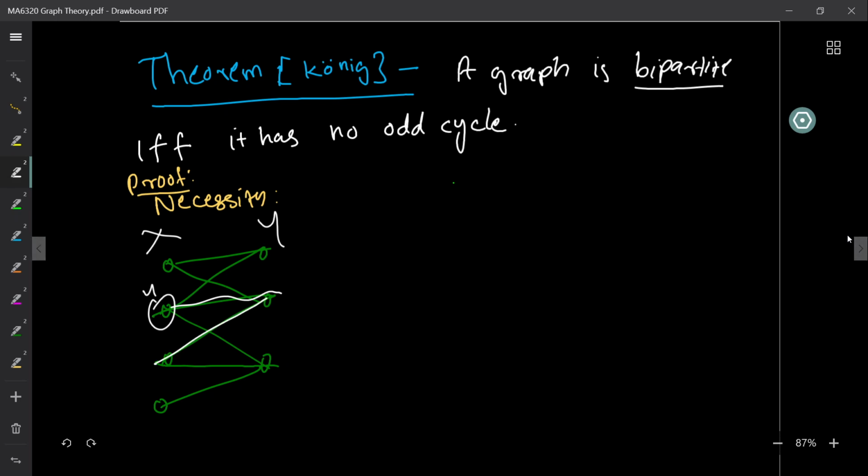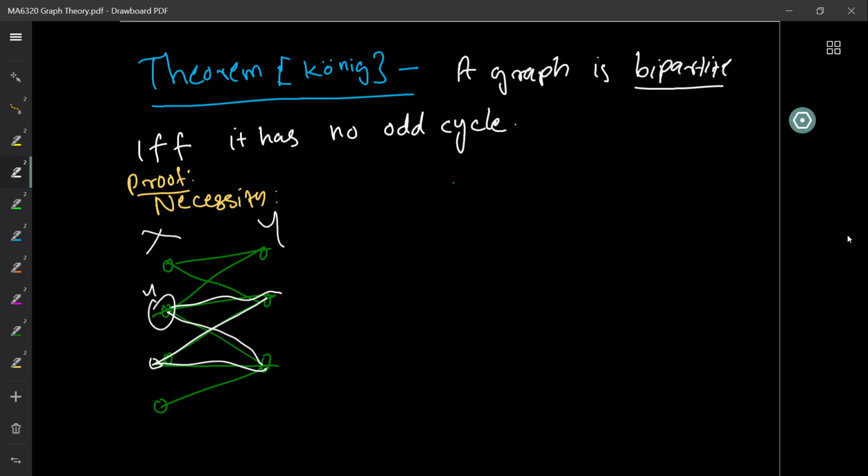Every time I start from some vertex in X and come back to X, I take a jump to the side Y and then take another jump to the side X. So I use two edges to come back to X, and then again, if it is not the vertex u, because we are looking at simple graphs, you have to go to Y and come back if I want to finish a closed walk.